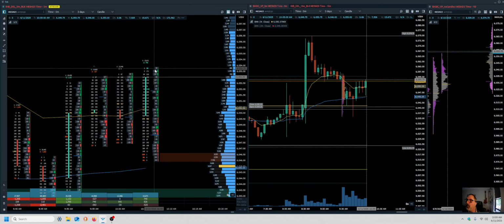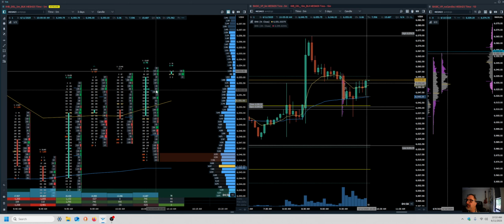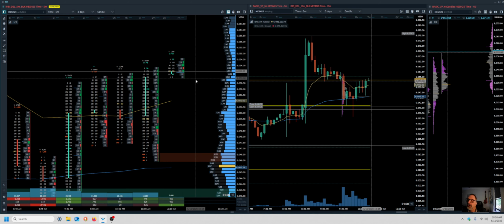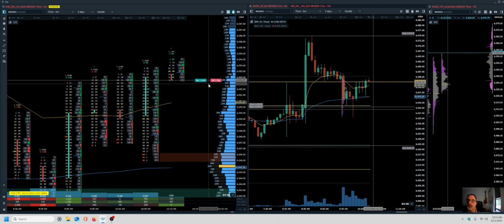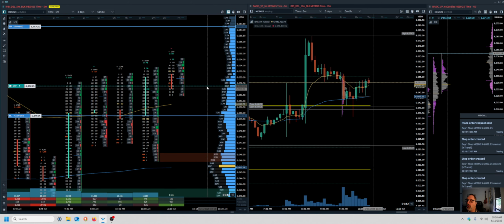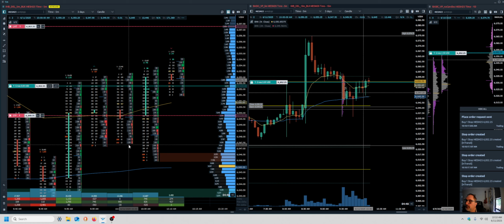All right, so we made a high. We have a lot of positive delta. We may slow down here. Now, my assumption is 52.25 to retrace right about here, right where that selling imbalance is, along right here.